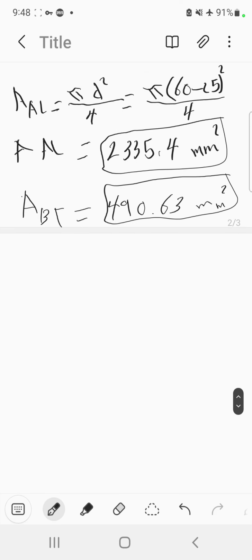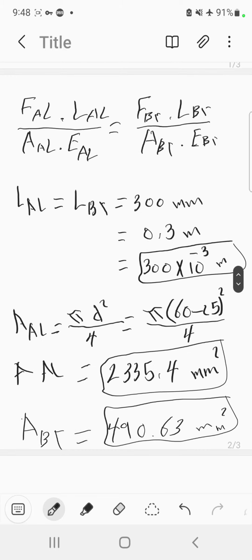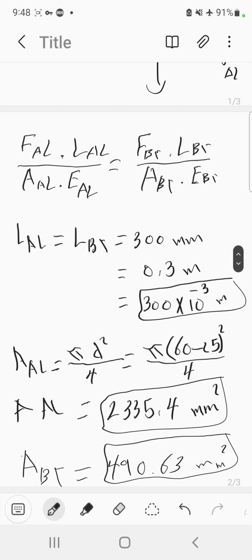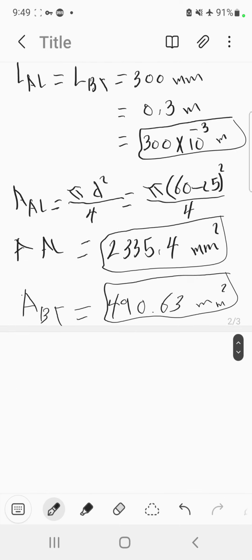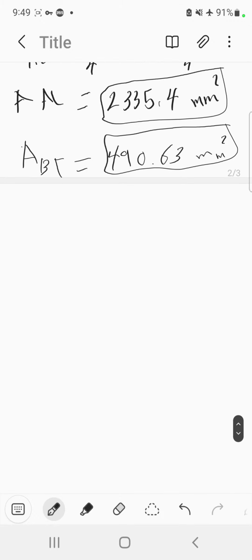Now, after we found the area for aluminum and area of brass, let's go to our main equation and substitute the numbers.